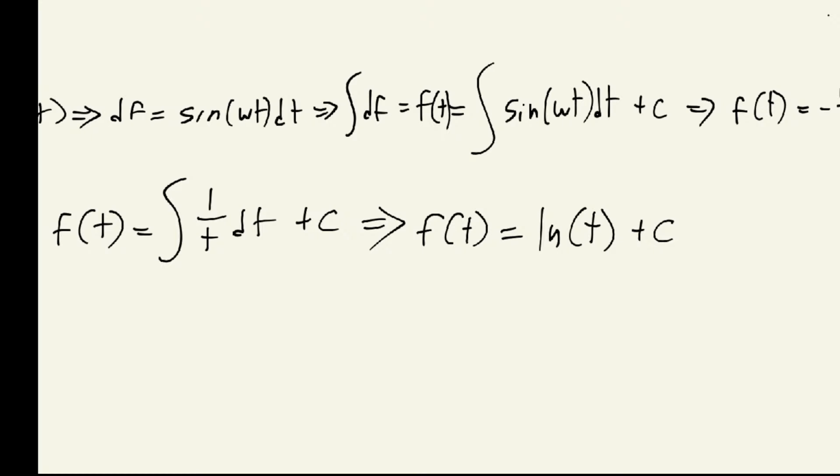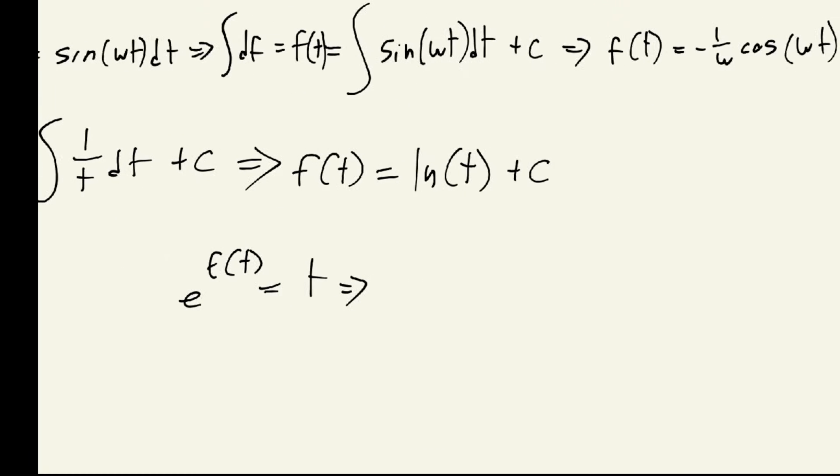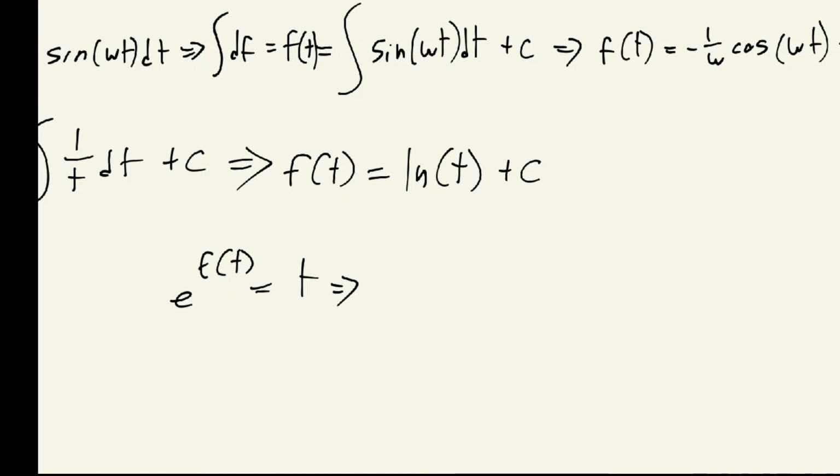You can almost think of this as saying, well, this tells you that e to the f of t equals t, and this is the same thing as saying df over dt times e to the f of t equals the derivative of t, which is just 1.